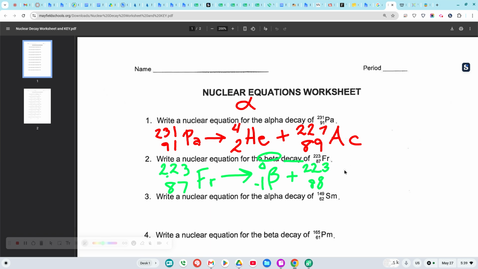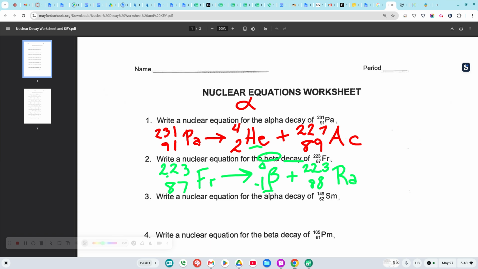Remember, law of conservation of matter, it has to be the same on each side. As long as you remember what the particles are, their mass and charge, you'll have the periodic table and you'll be fine. So let's find what has the atomic number of 88, and that would be radium, Ra.